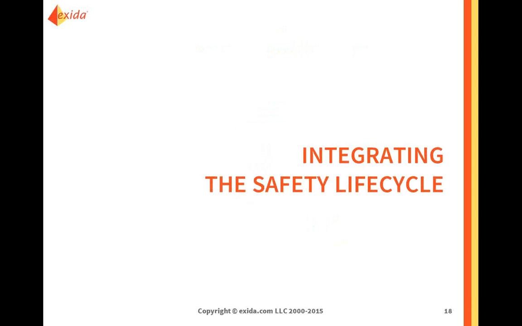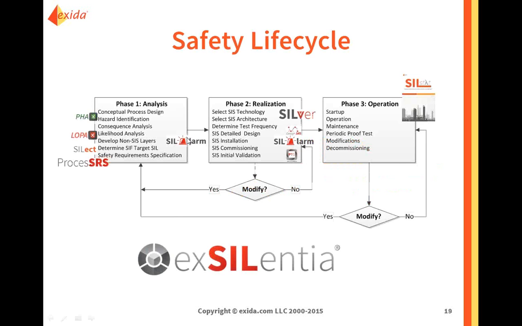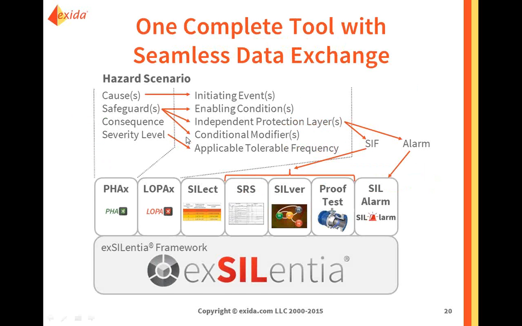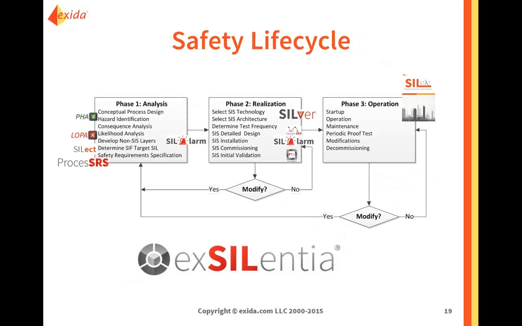All right, so we've seen some of the screenshots, but now let's talk about the entire life cycle, because the entire safety life cycle is a little bit bigger than just layer of protection analysis. If we look at the safety life cycle in a simplified format, we see the three phases: analysis, realization, and operation. And assuming that everybody's familiar with the exida products, the exSILentia software covers the analysis and realization phases.